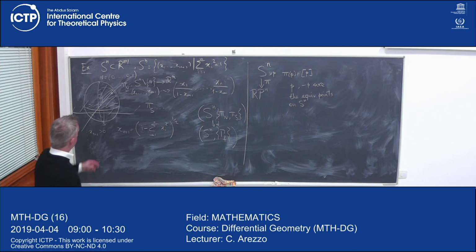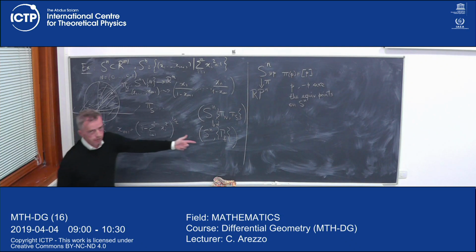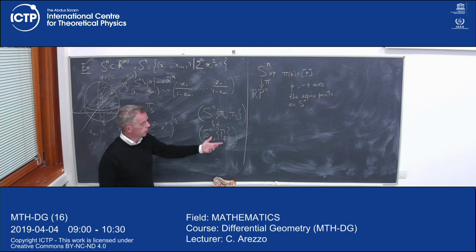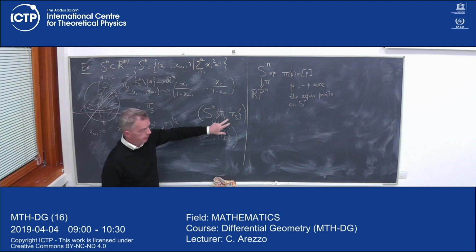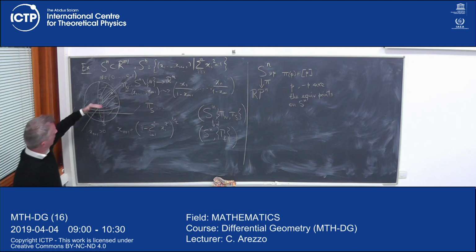And now you see, the graph structure of the sphere is actually more suitable to think of this situation than the stereographic projection structure. Because you see the property of the graph structure. For example, if I take xn plus 1 positive and xn plus 1 negative, each of them contains one and only one representative of every equivalence class.